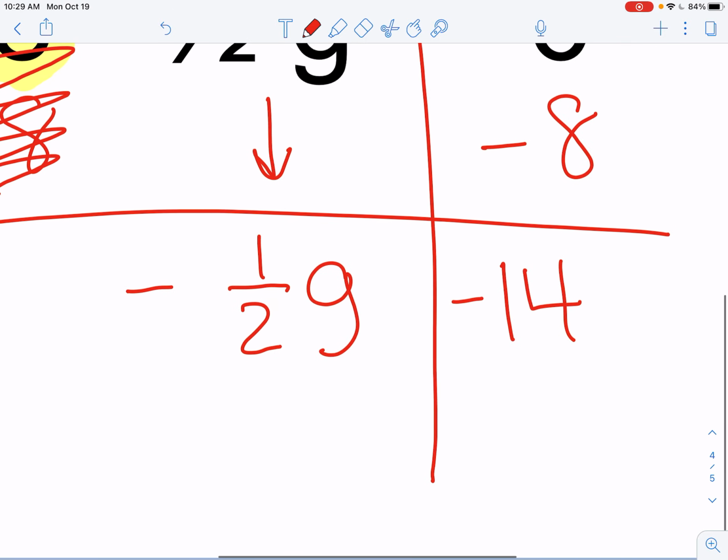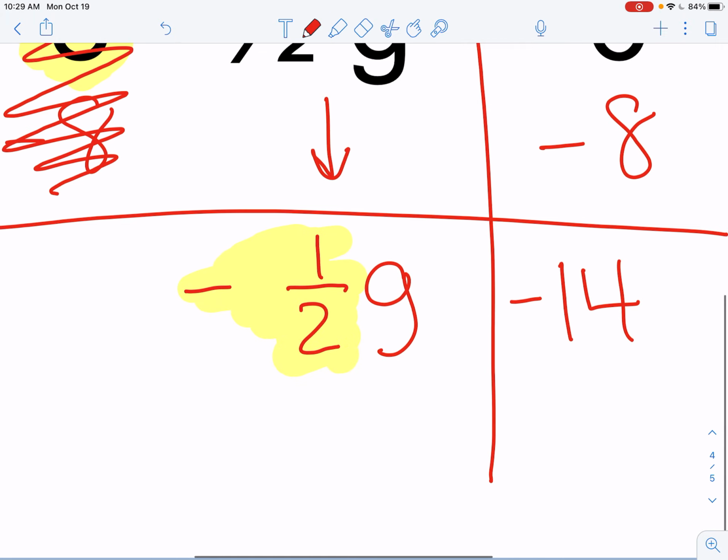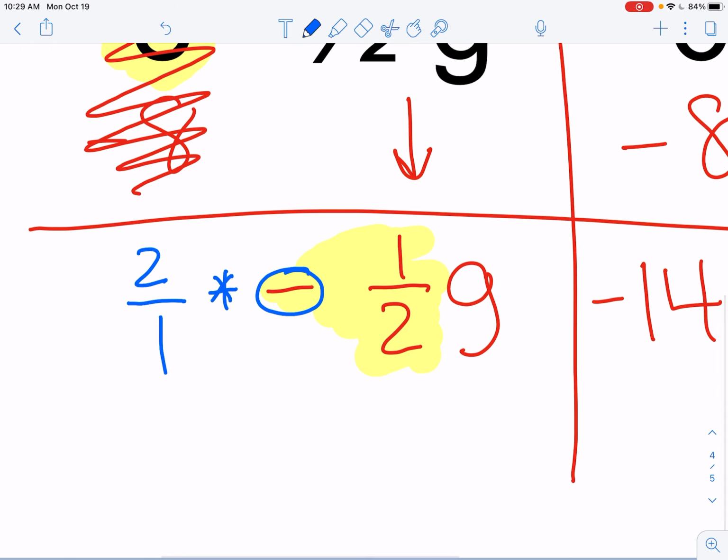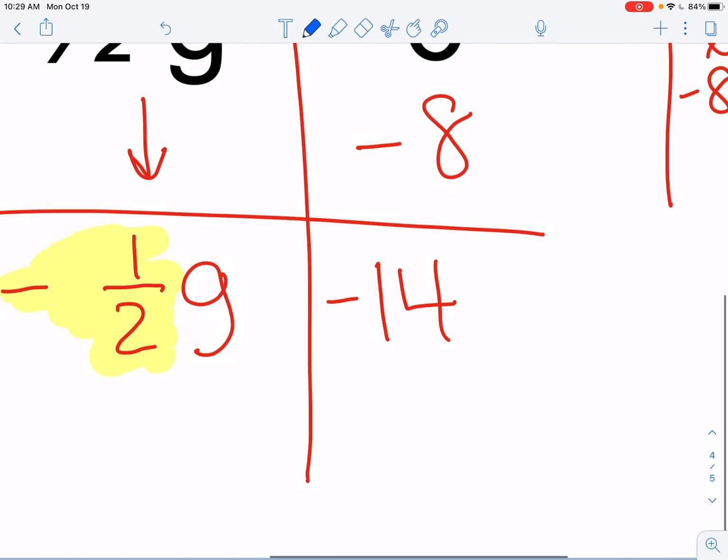When we have a fraction like this, remember the rule was that you would have to flip it and multiply by its reciprocal, which is 2 over 1. And it was a negative, so we have to do the same by multiplying by negative 2 over 1.